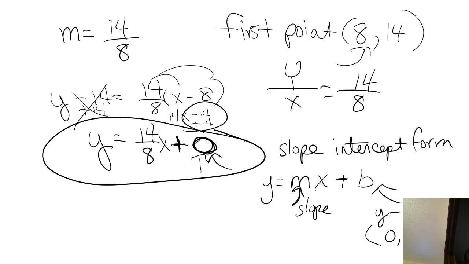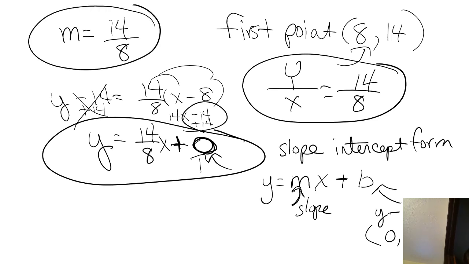But the biggest thing that I want you to know, if the first point is written as y over x and is the same as your slope, that happens when that graph goes through the origin. That will always happen, okay?